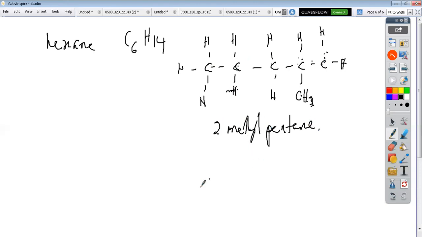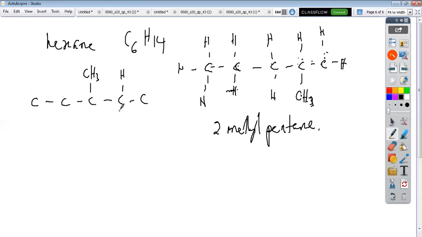Pentane, 5 carbons. Now if I change, look at this, 1, 2, 3, 4, 5. If I change and I have it on number 3, now it's very different. Because if I count there's 3, if I count there's 3, yeah?